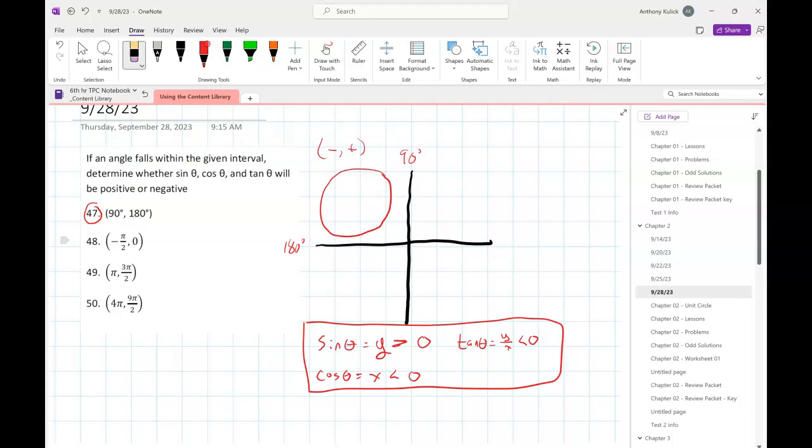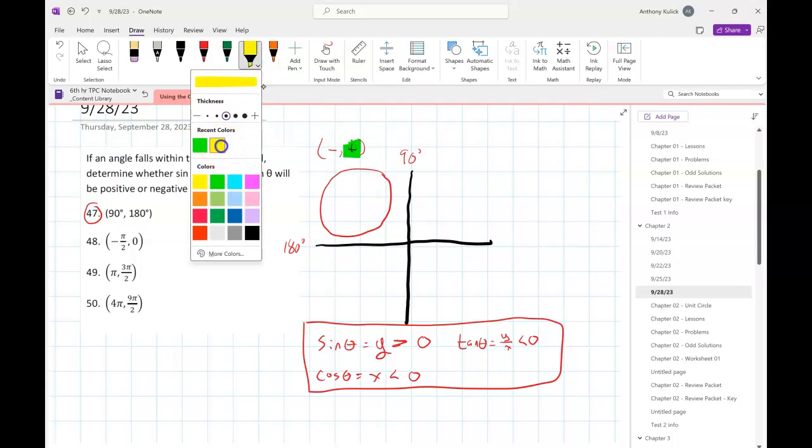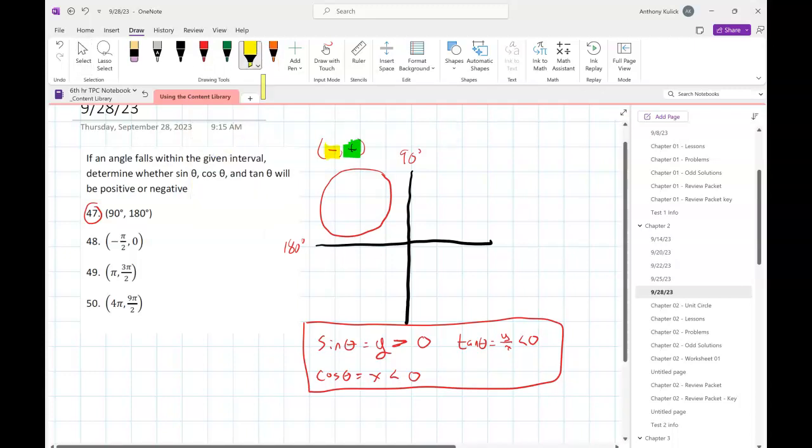So when you say sine theta equals y, are you looking... Yep. I'm just looking at if it's in the second quadrant, the y's are all positive there. It doesn't matter which angle in there.